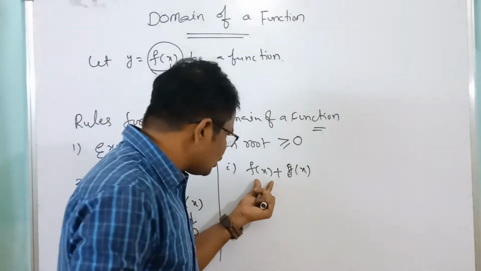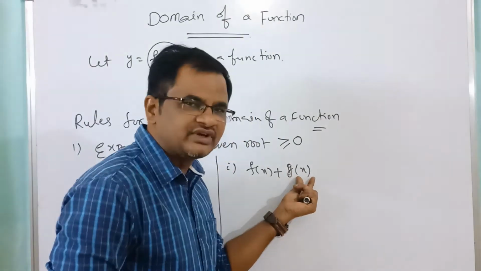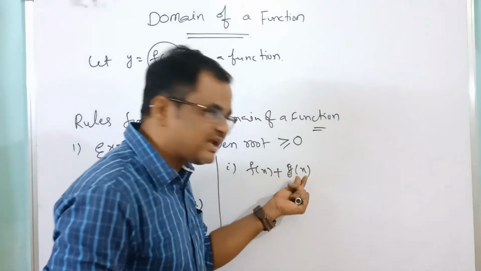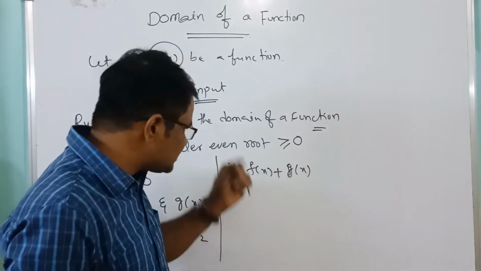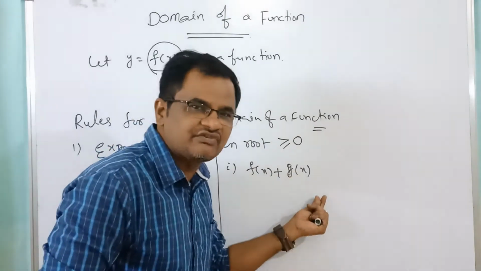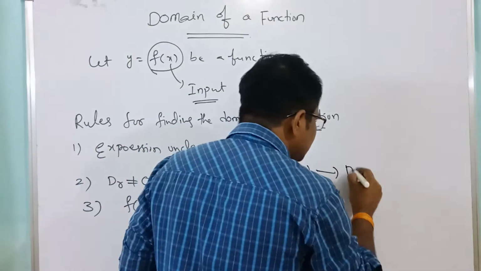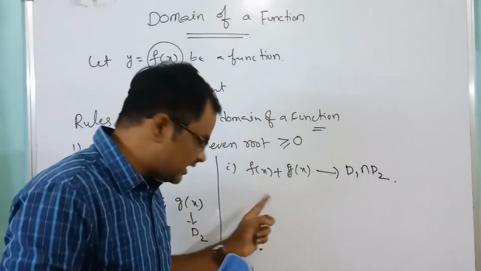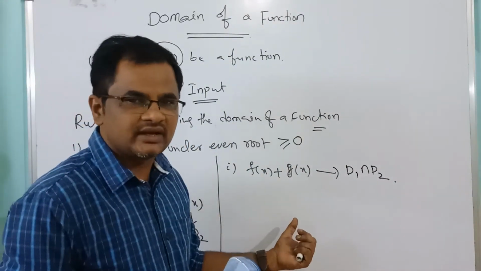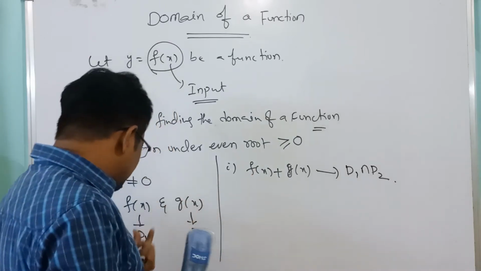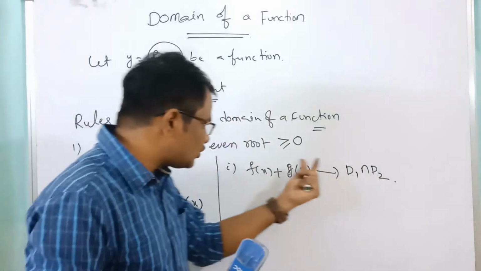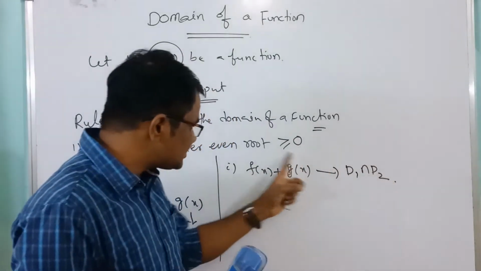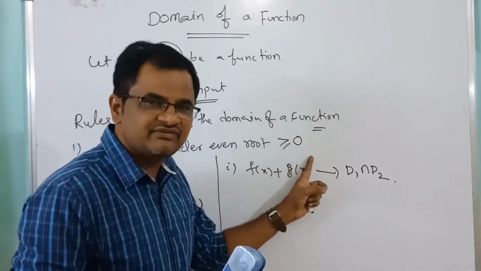Whatever values of x you take should exist for f of x and simultaneously for g of x also. Means we take D1 intersection D2, the common values of D1 and D2, for f of x plus g of x.